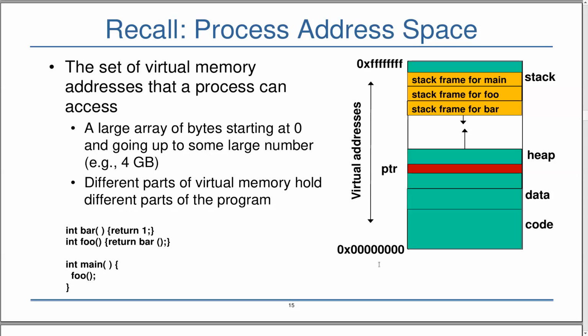So at least you're going to have a chain of return addresses as you call more and more functions. Also, if you have some local variables in each function, or some local arrays, again, if it's not global data, if it's local to that function, that's going to reside on stack.